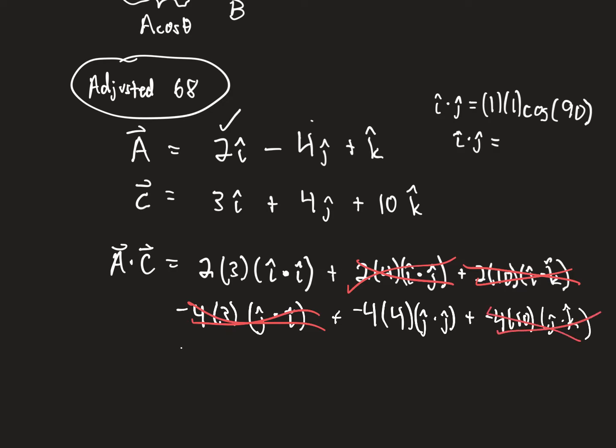Then I can do this again with the k direction. Oh, there's no number in front of k. What's the number that's implied? 1. So I have 1 times 3, and I have k dot I, plus 1 times 4 times k dot j, plus 1 times 10 times k dot k.